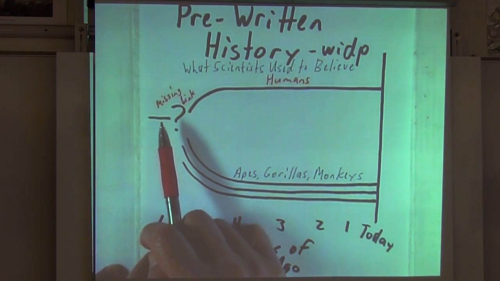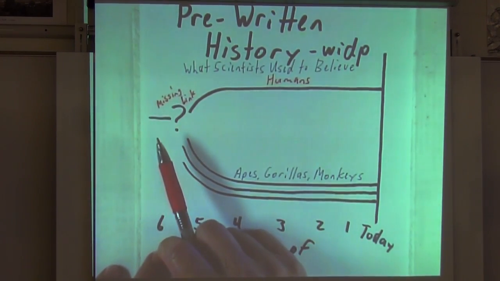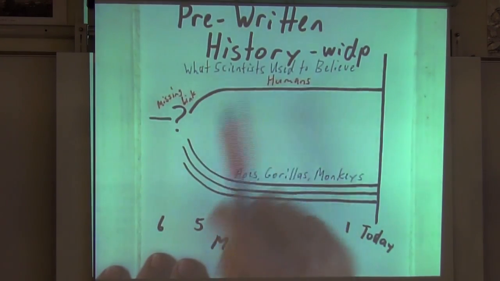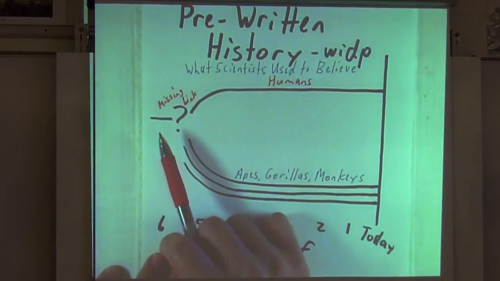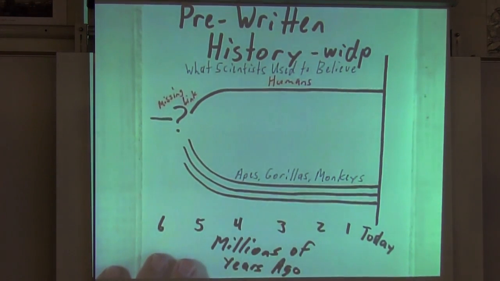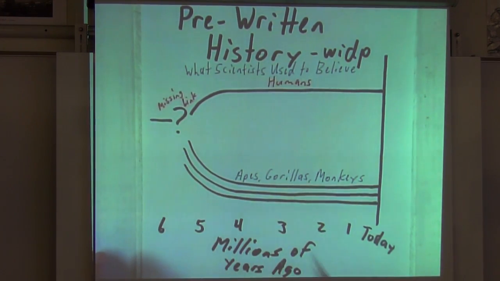There's never been remains discovered to explain this. This is theoretical back here. But pretty much most scientists still agree, even though this chart is what they used to believe, that there is some sort of common ancestor for humans and our fellow primates. That's one of the key words I would use here, primate.